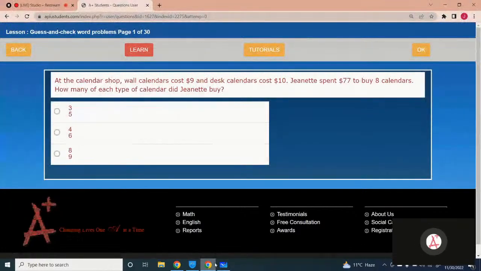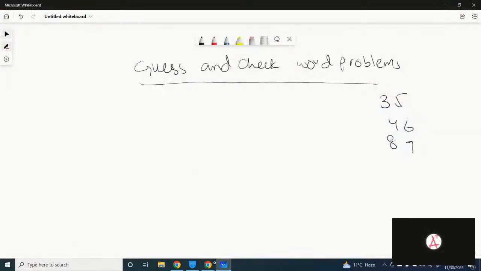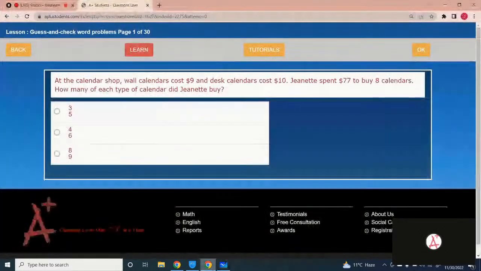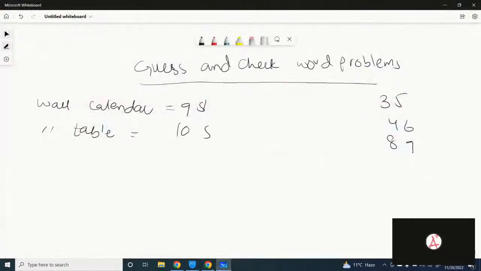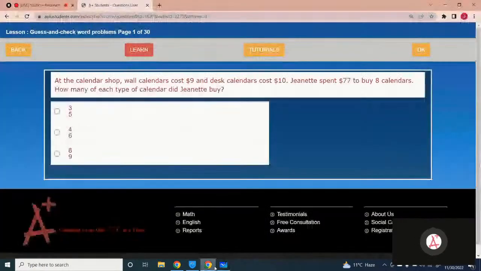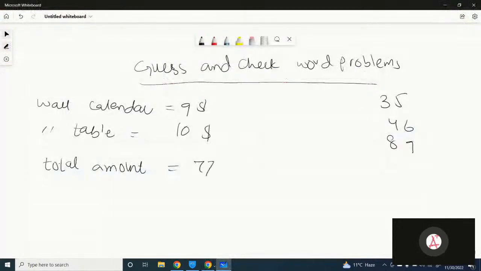The cost of a wall calendar is $9 and the table calendar is $10. Okay, the total amount is $77 and she needs to buy 8 calendars.